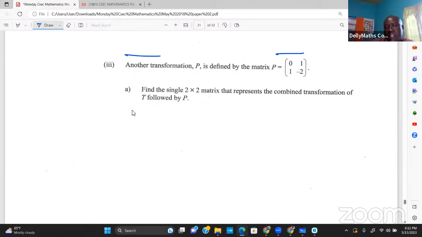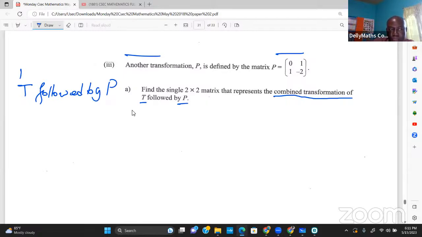The question says, find the single 2 by 2 matrix that represents the combined transformation of T followed by P. Now, whenever you get anything like this, where we say T followed by P, the first is T, the second is P.